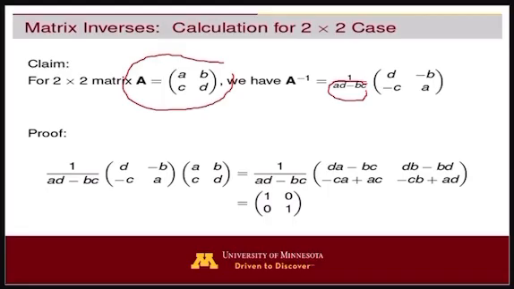The reason why, if the determinant of a matrix equals 0, the inverse is not going to exist, is because the determinant occupies the bottom, the denominator. So if the denominator equals 0 in mathematics, that's undefined. That's what I'm saying. I just wanted to take note of that.